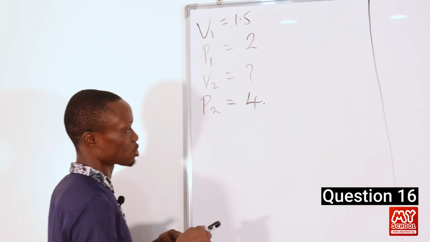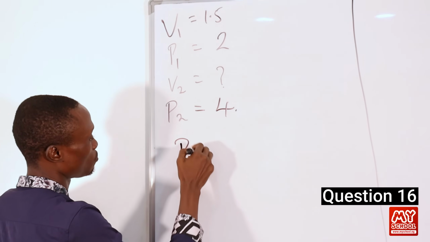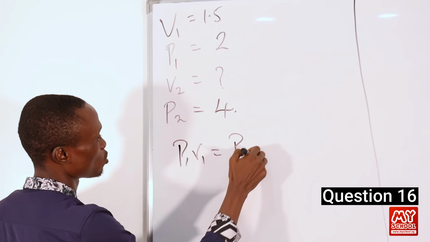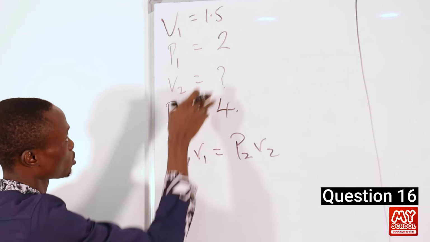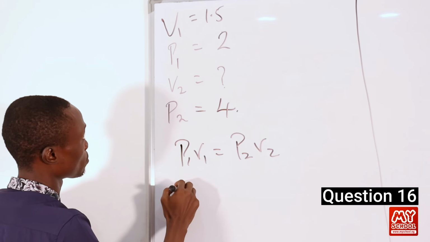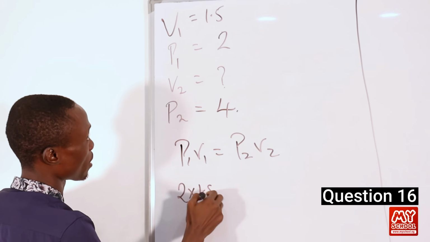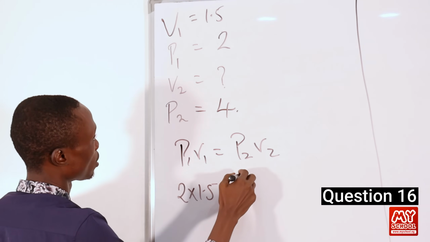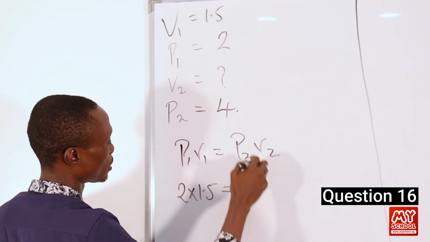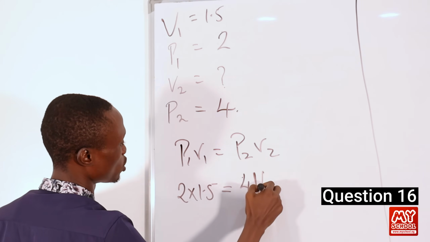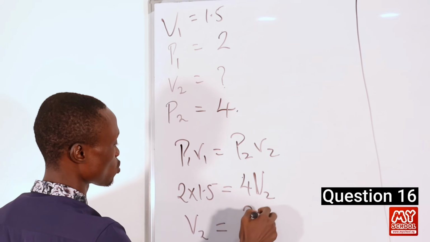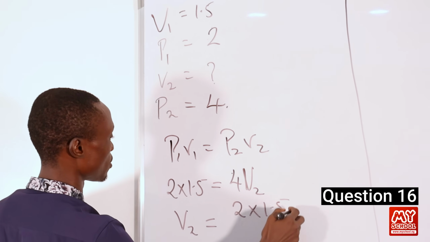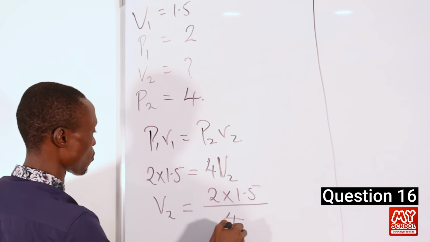Applying Boyle's law, P1 V1 equals P2 V2. From the question, P1 is 2, so we substitute: 2 times 1.5 equals 4 times V2, and V2 is what we are looking for. Make V2 the subject of the formula. We have 2 times 1.5 divided by 4.